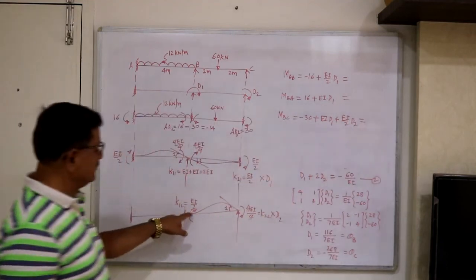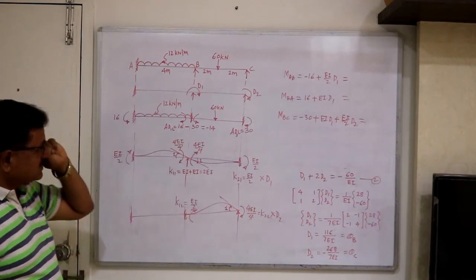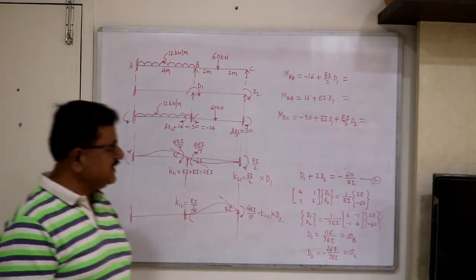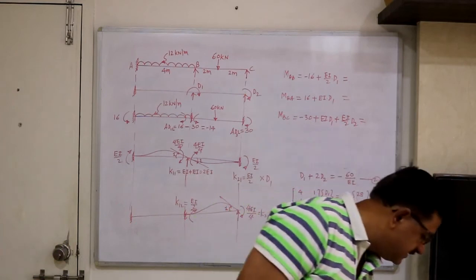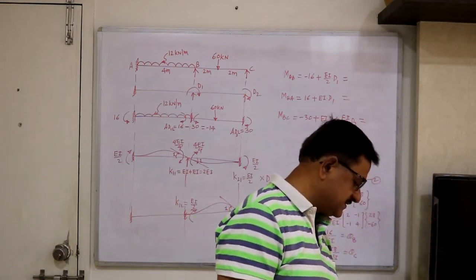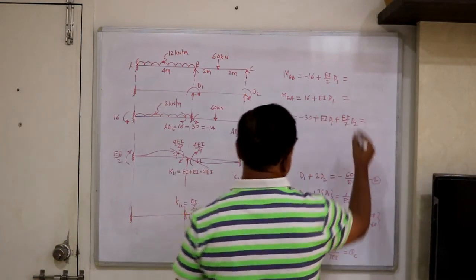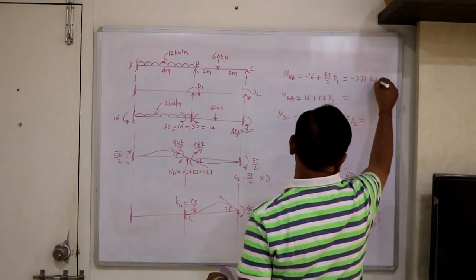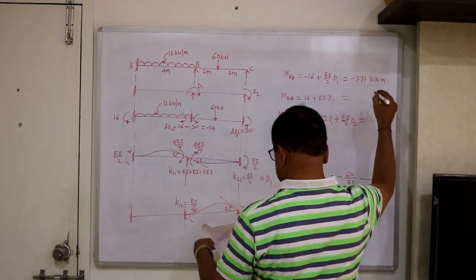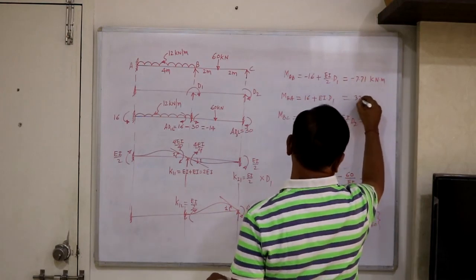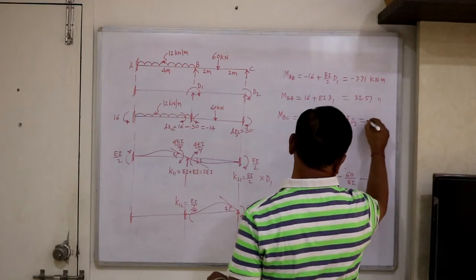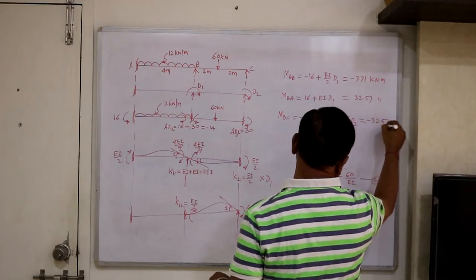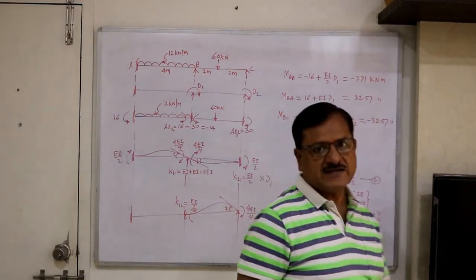But whatever you get, MBA and MBC are equal and opposite. You will get the same answers. So this comes out to be minus 7.71 kilonewton meter, and this is 32.57, and this is minus 32.57. So these are the answers.